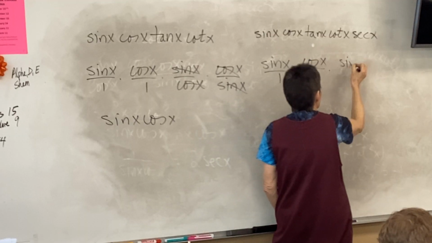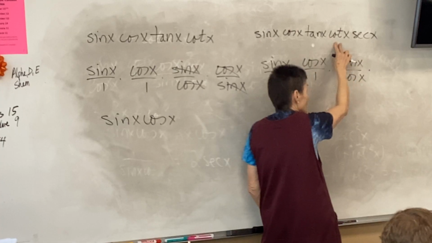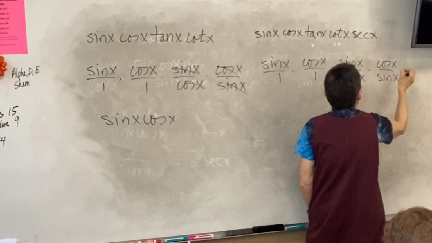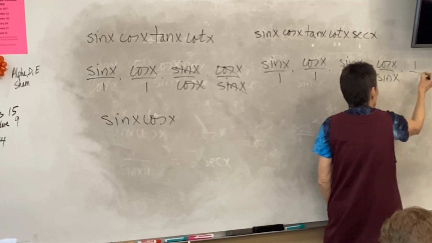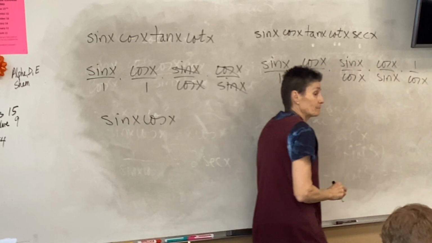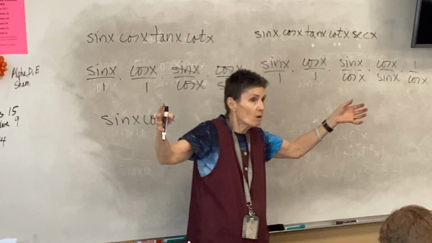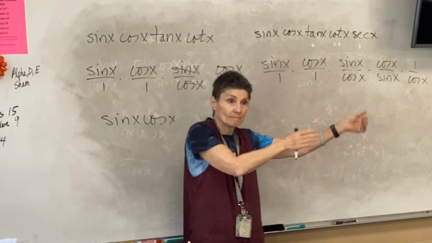But tangent is sine over cosine. And cotangent, cosine over sine. And secant, 1 over cosine. I could make this 20 terms long, it doesn't matter, you just go through and write down what each one is.